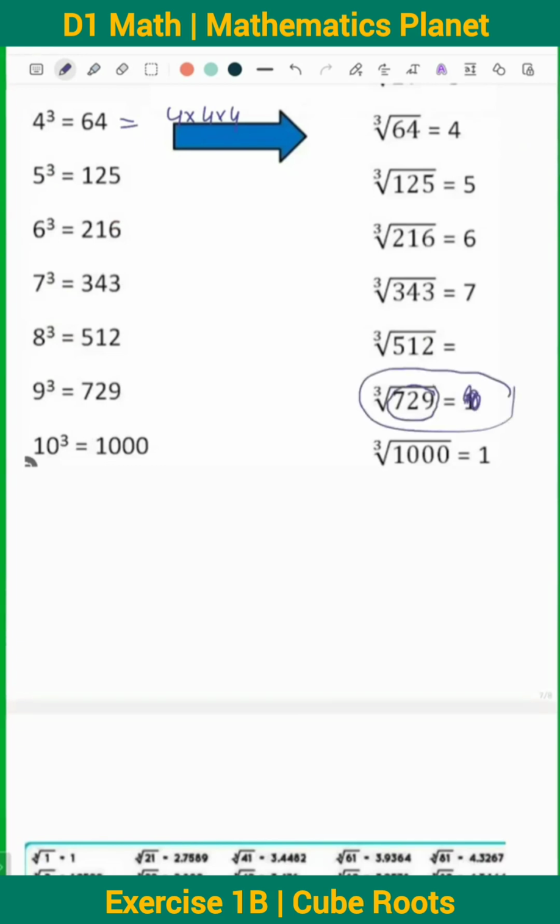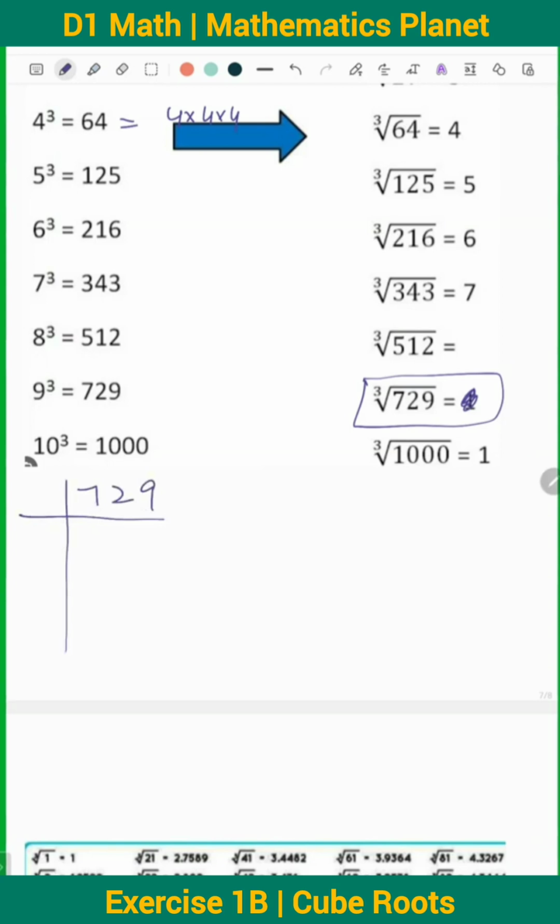Yes, Miss. What is the cube root of 729? We really don't know it, so we need to find out. What method are we going to use? Prime factorization. So let's do prime factorization for 729.